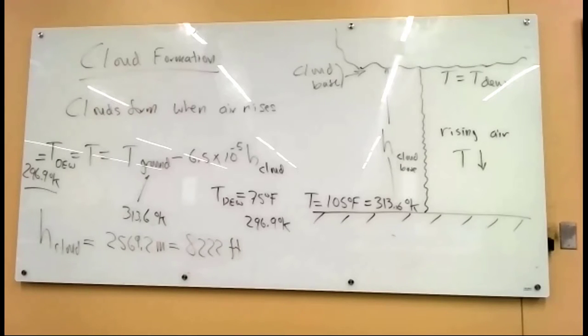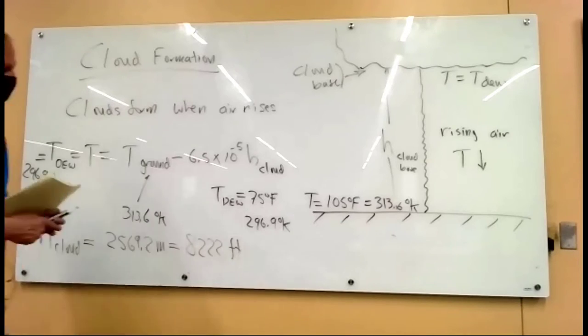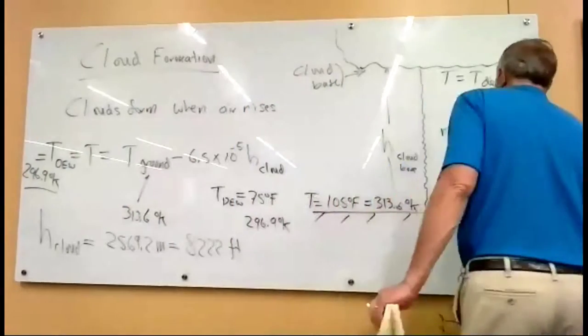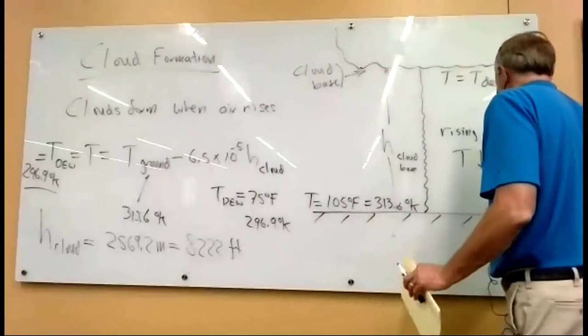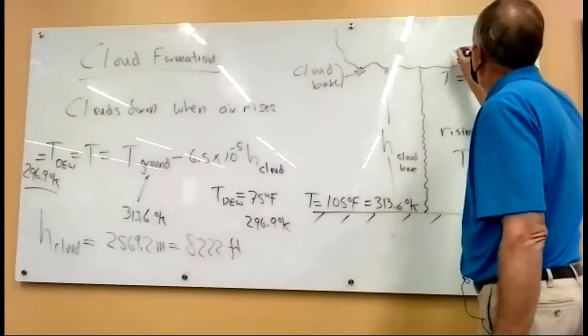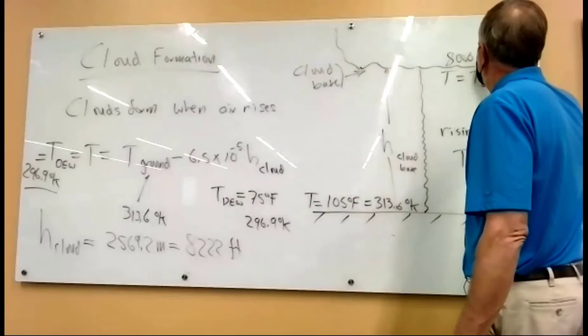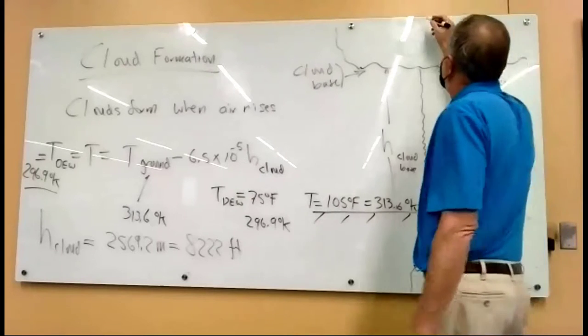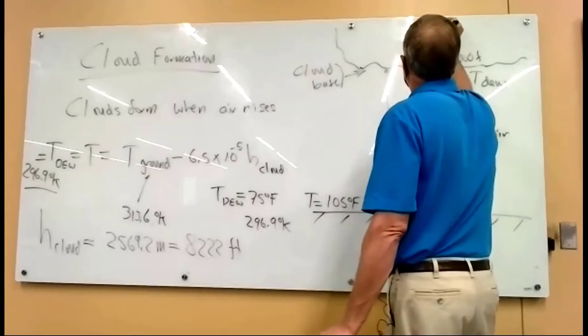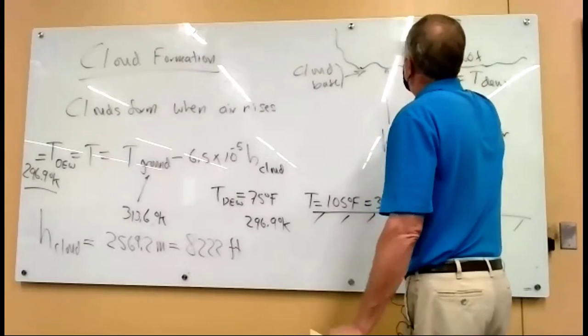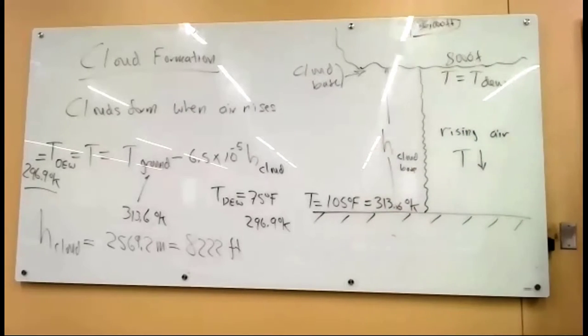Is that low or high? So we're saying this cloud base is about 8,000 feet. The top of the troposphere is like 36,000 feet. That's where the temperature stops decreasing.